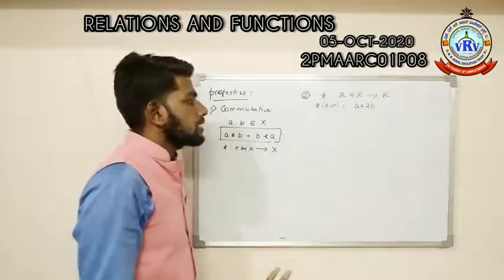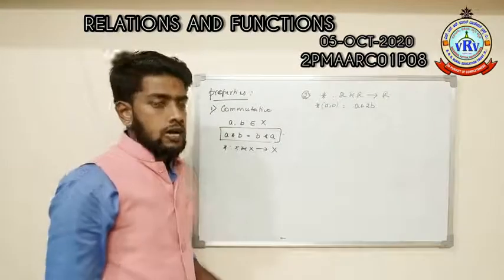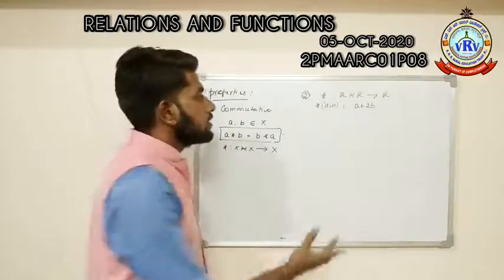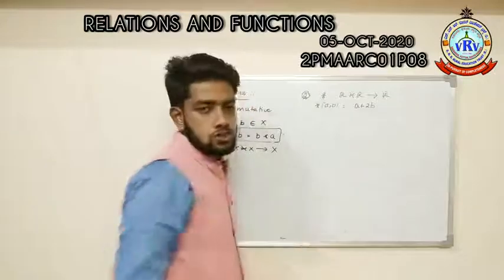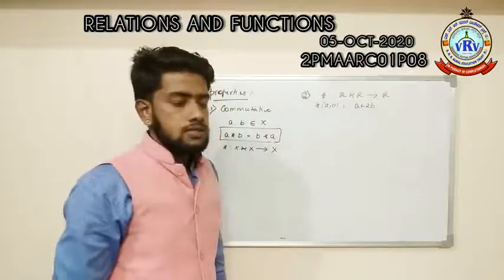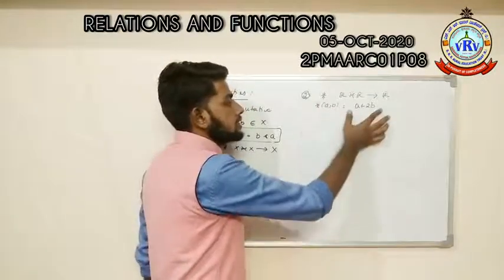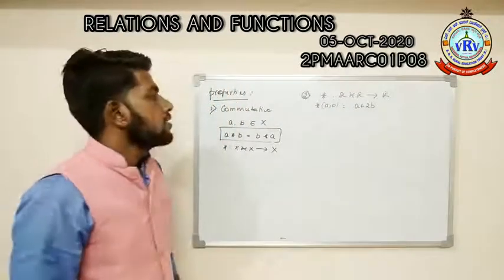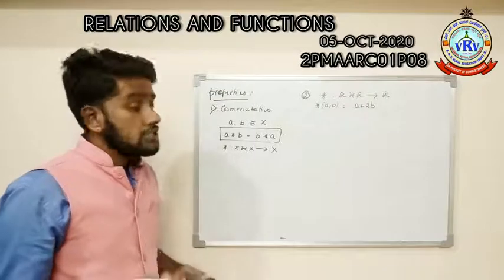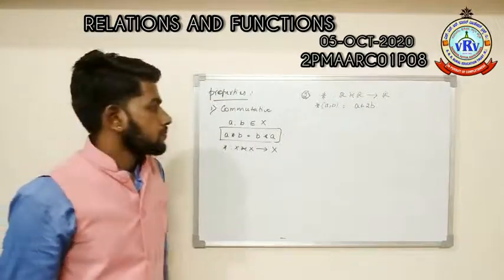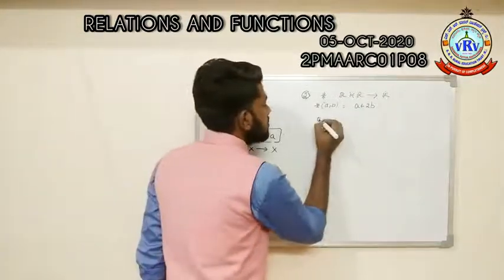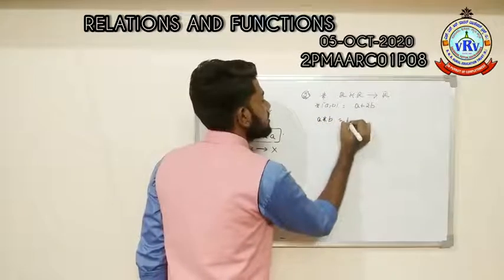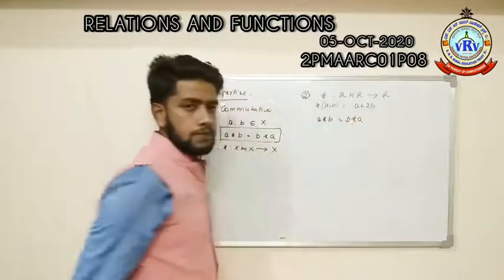If you insert any two elements from this set R, it will return the answer A plus 2B, if A and B are two elements. So for this you have to check whether this star is commutative or not. To tell star is commutative, A star B should be equal to B star A, right?